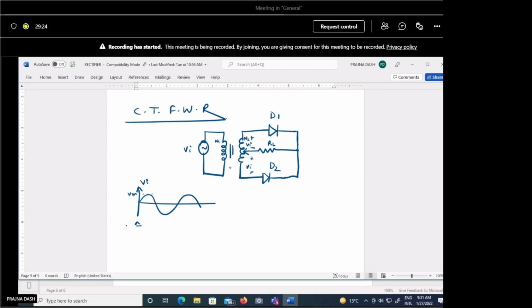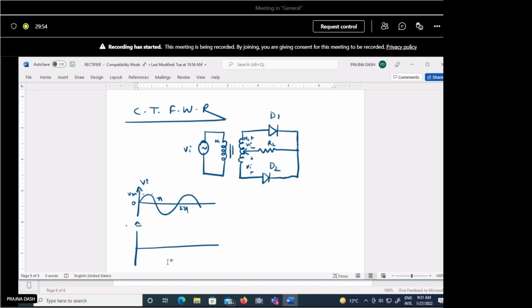So let's analyze the circuit performance. From 0 to, let's say, pi, and this is 2 pi. When we are analyzing the circuit from 0 to pi, we are providing positive voltage. So this will be plus, minus Vi, this will be plus, minus Vi. This positive terminal is making D1 forward biased.